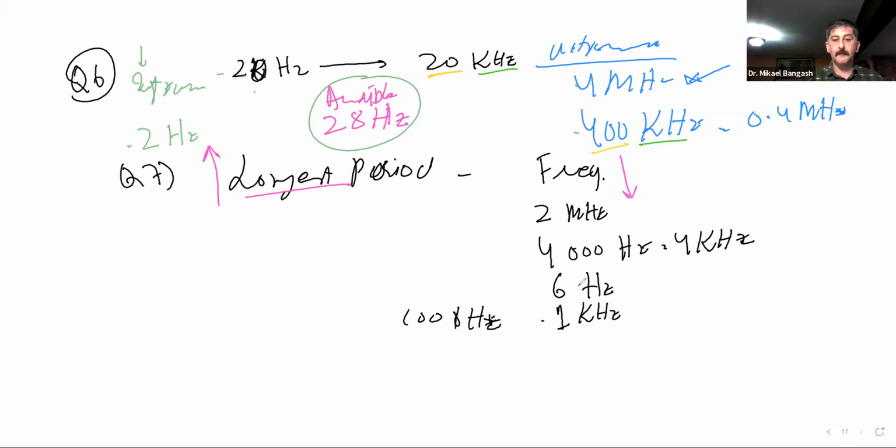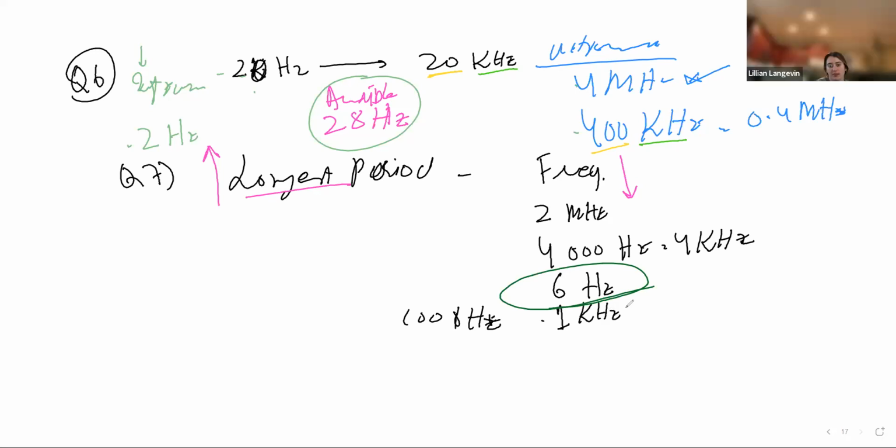So the lowest number with the lowest unit is this one here. Is that clear? What would that mean? You have 6 cycles in a second.